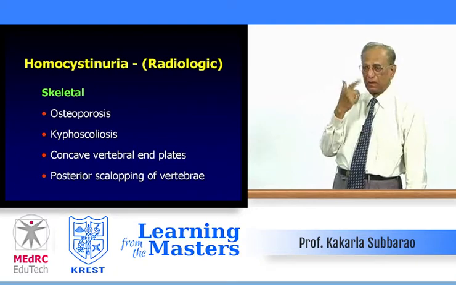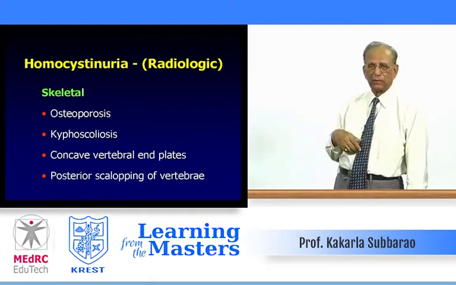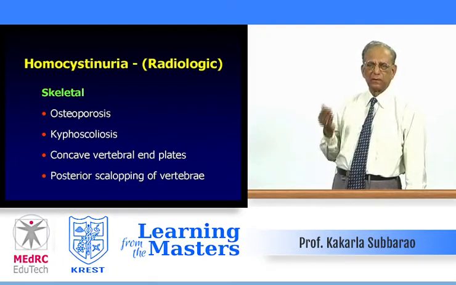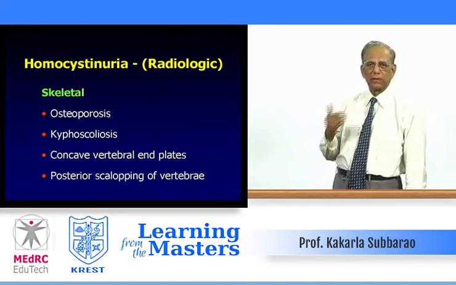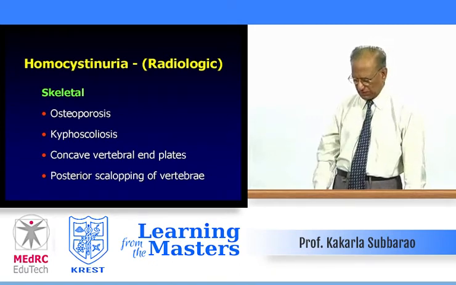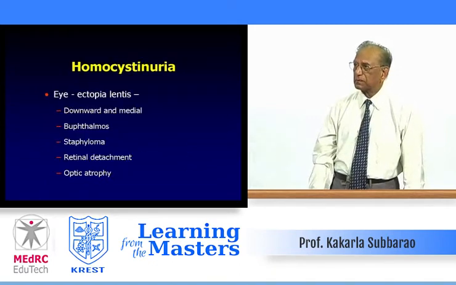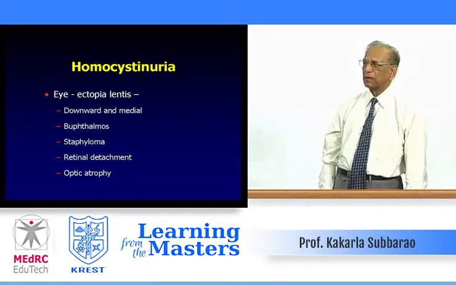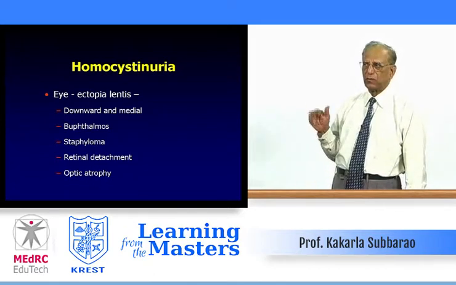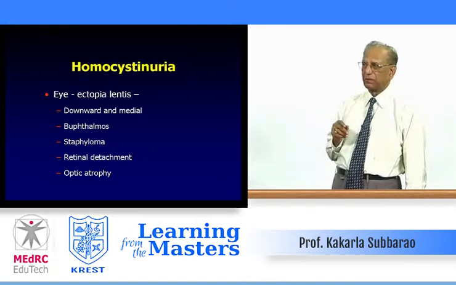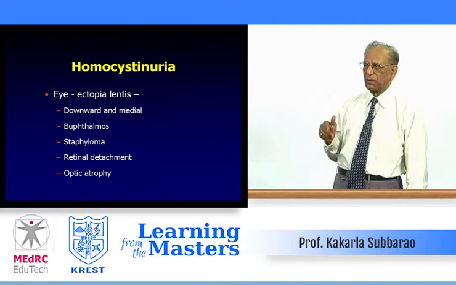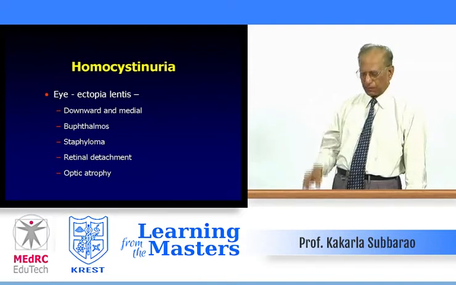Microcephaly, large sinuses, thick calvarium, and sternal deformity, say pectus excavatum or pectus carinatum, pigeon breast type of appearance. Eye: ectopia lentis, downward and medial, whereas in Marfan it's upward and lateral. Ophthalmos, staphyloma, retinal detachment and optic atrophy.